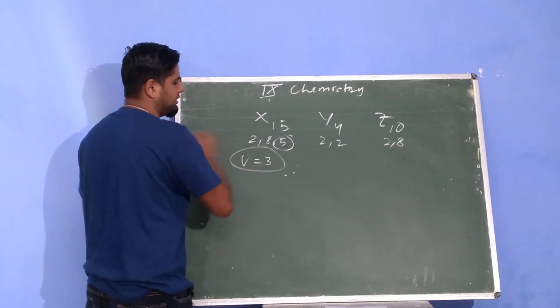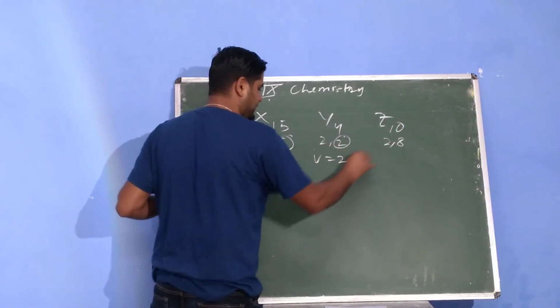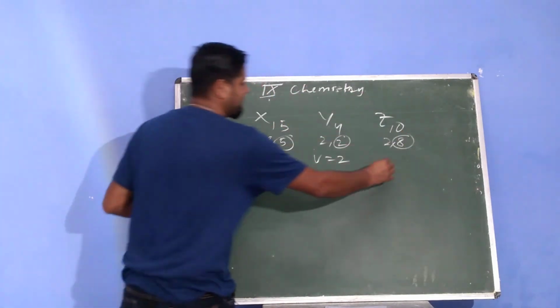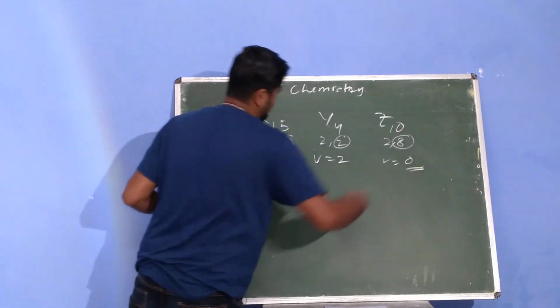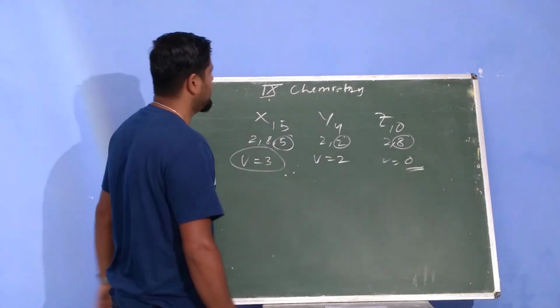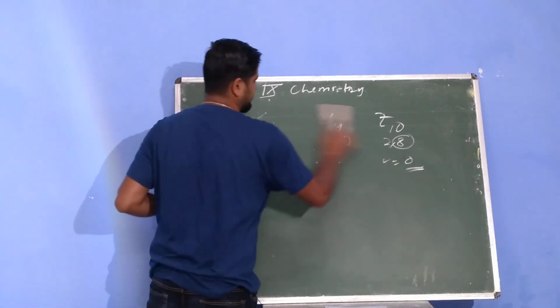Valency is 3 here. For the second, since valence electron is 2, valency is also 2. Here, 8, so 8 minus 8, valency is equal to 0. Got it? In this way, you can find the valency for different elements.